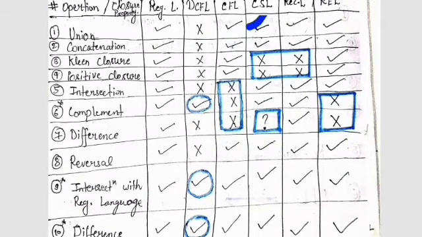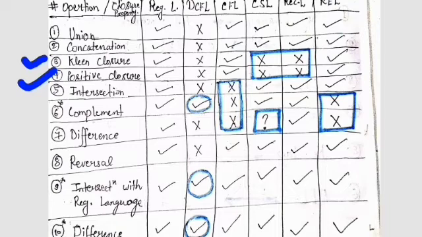Now move on. The third language is context sensitive language. Context sensitive language is not closed under two properties. One is Kleene closure and the second is positive closure.